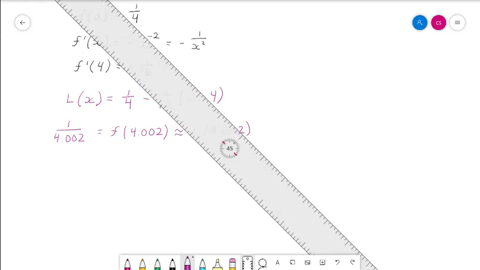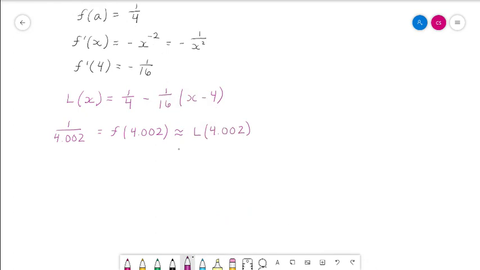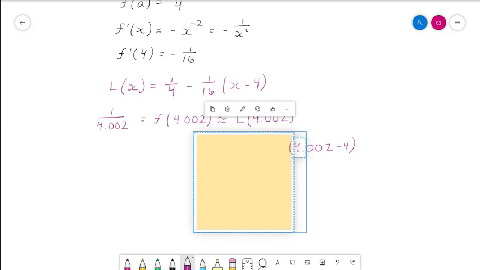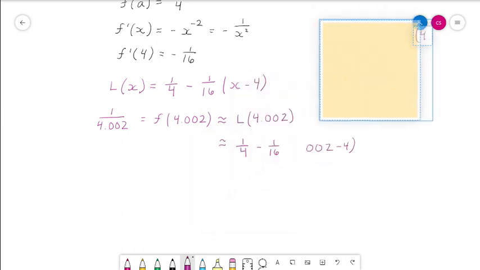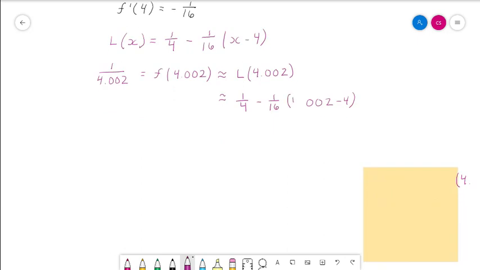Okay, so it's 1/4 minus 1 over 16. What is that? I don't know what that is, so I'm just going to make it go away.